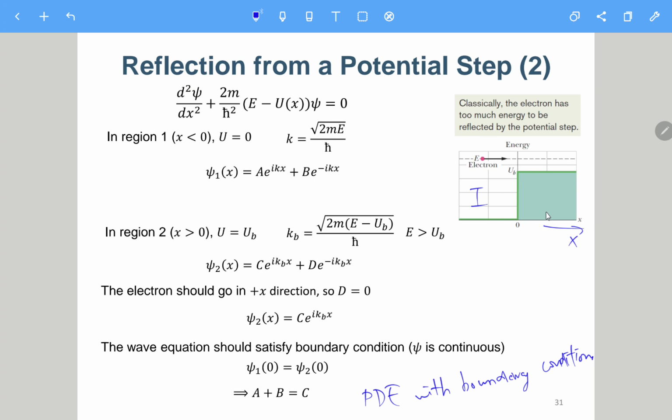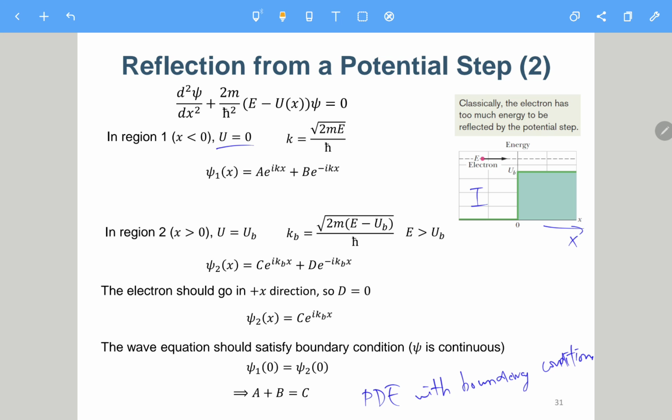On the right side, x is larger than 0. On the left side, x is smaller than 0. As the Schrodinger's equation includes the potential, we need to separate it into two regions. This is region 1. For region 1, U equals 0.